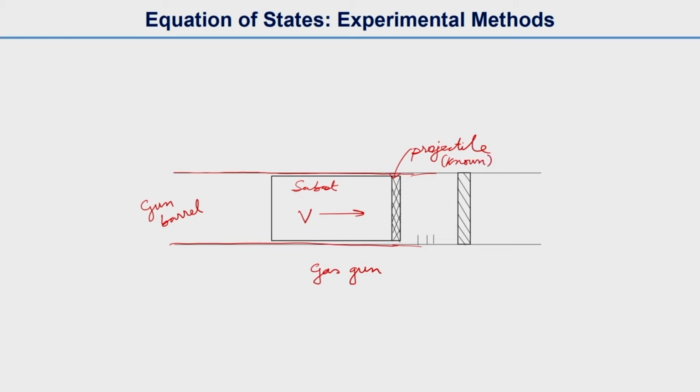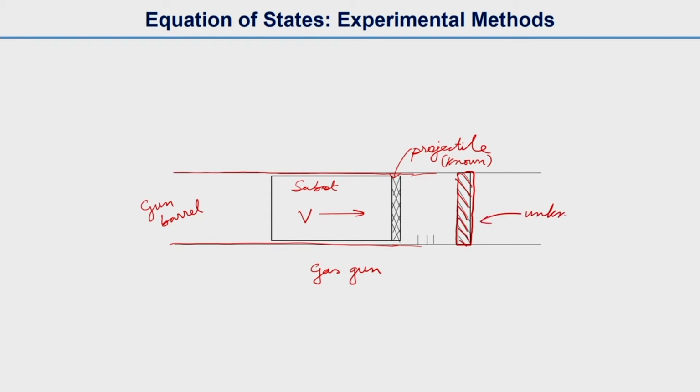So, we have a projectile of known material. We know the equation of state of the projectile, and here we have our unknown material, that is the target material.